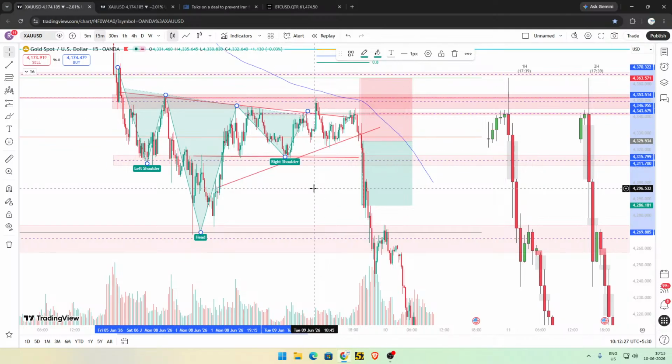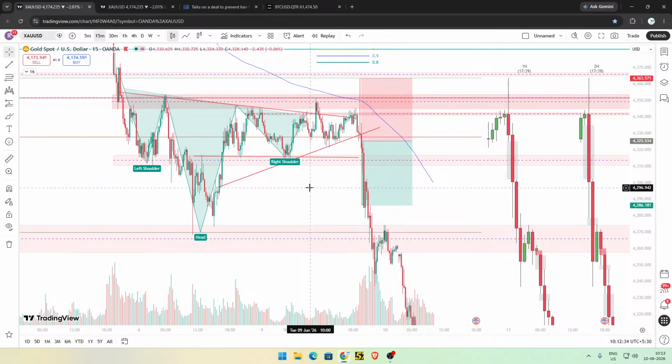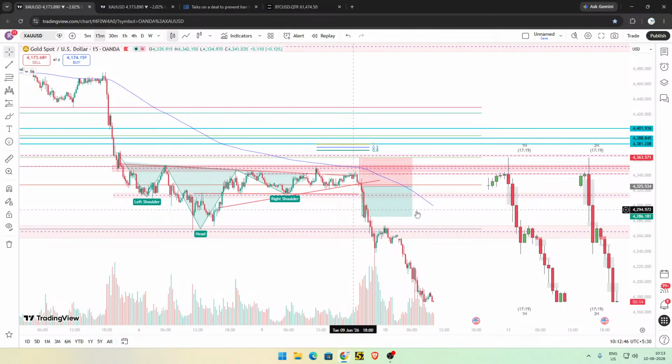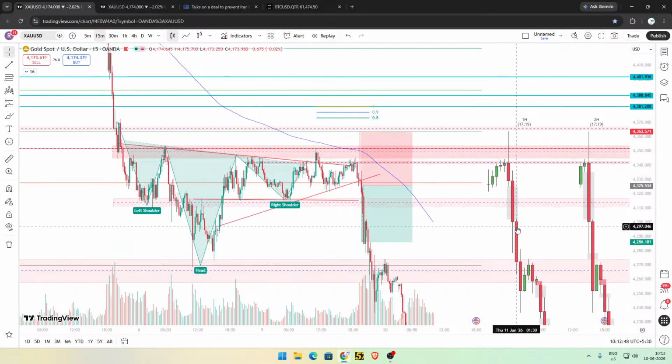And another main thing, there was divergence in the euro pair. See, in EUR/USD it gave so much bullish move at this time. At the same time, in euro there was a bullish move, but in gold and silver it was between a range.